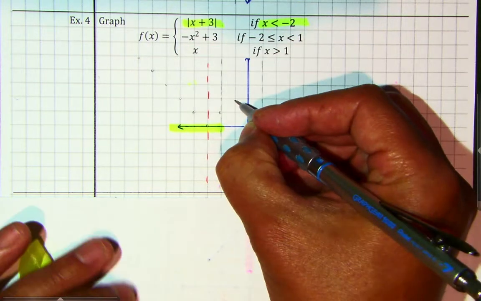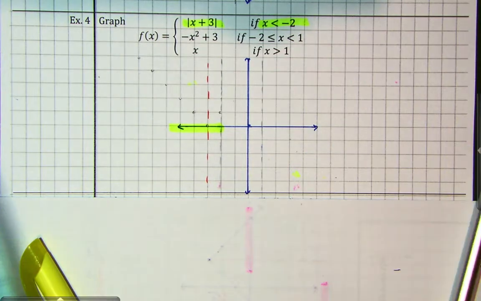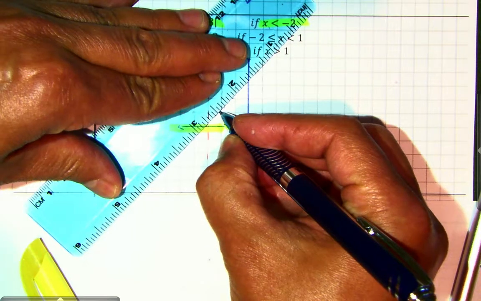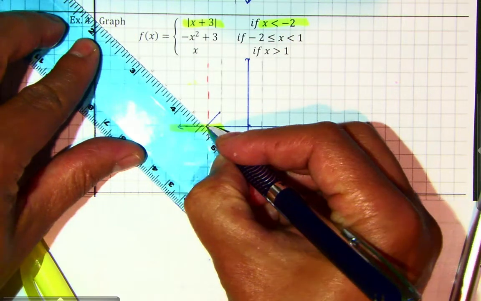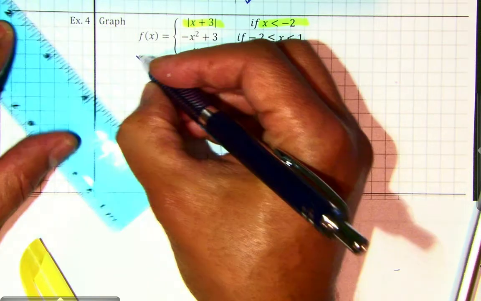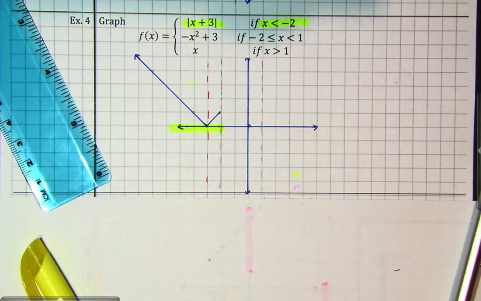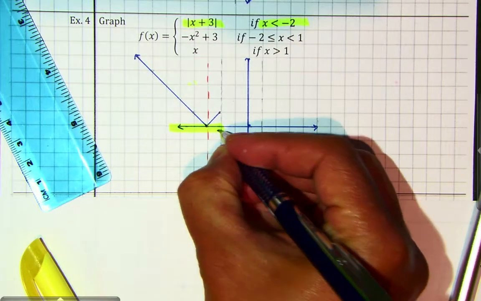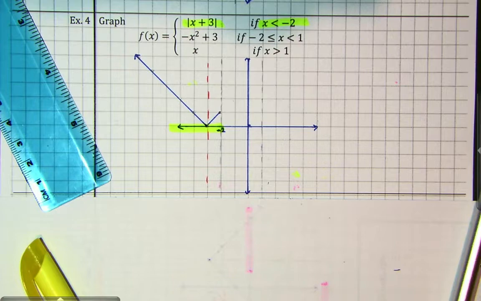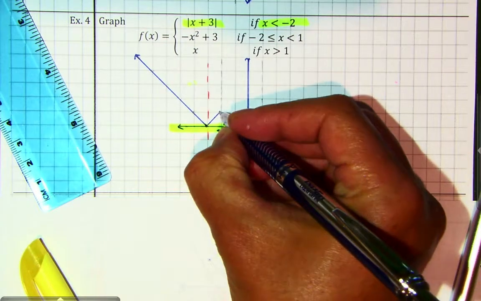It also continues on this side, but I'm just going to keep this part of the graph from here all the way up to here, where this is -2. And now, open or closed? This should be open, so I'll make it an open circle.